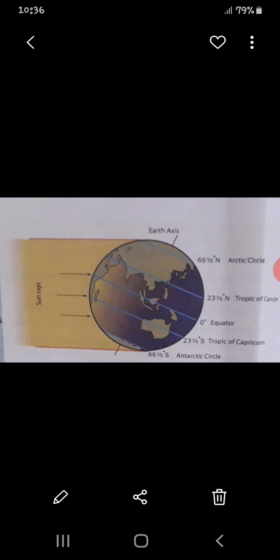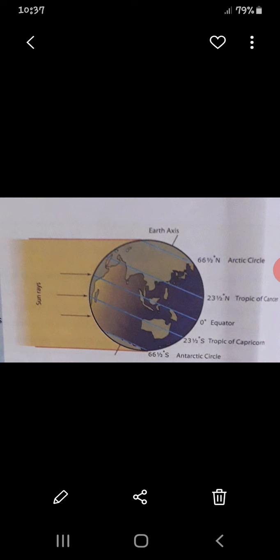There is an unequal distribution of heat or solar energy on the surface of the earth. Unequal distribution means what? The places closer to the sun, that is the equator and the tropical areas, there the sun's rays are direct and it will be very, very hot.